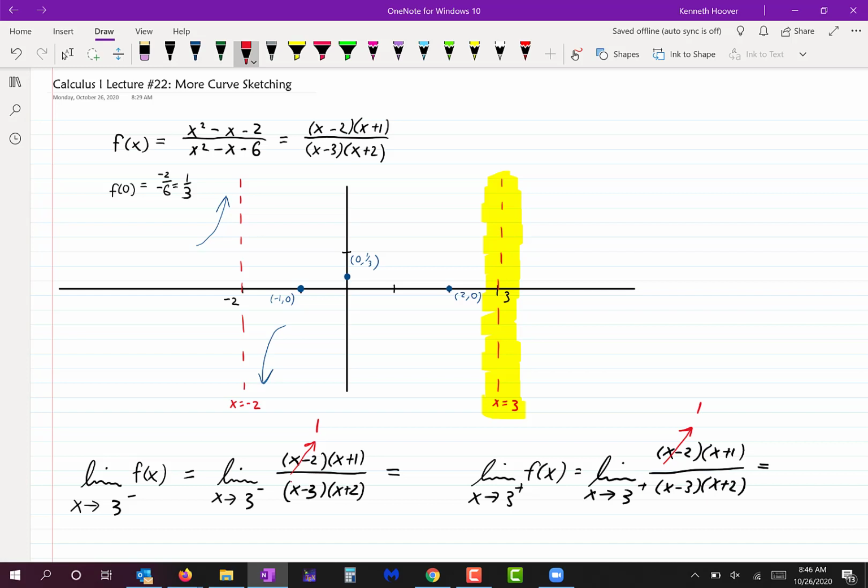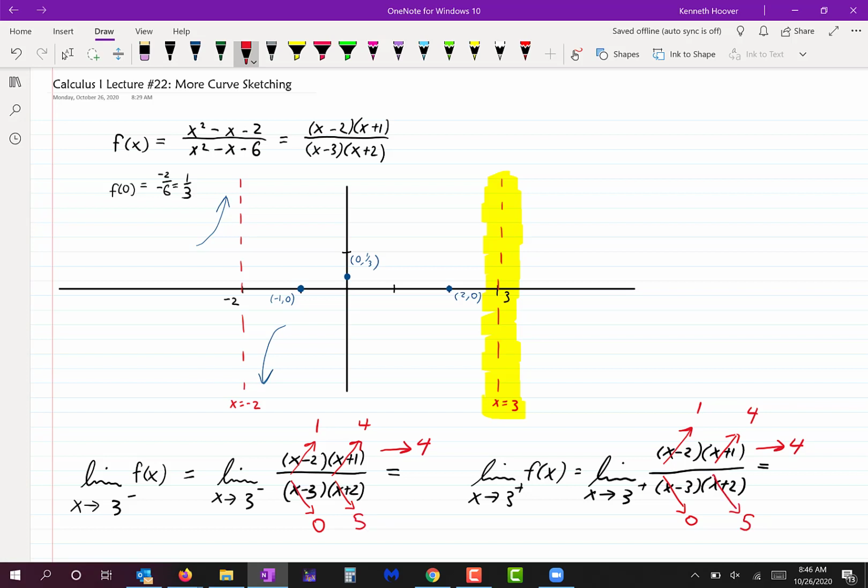Okay, as x approaches 3, x plus 1 is going to approach the number 4. So the top is approaching 4 as x approaches 3. Now on the bottom, as x approaches 3, x minus 3 approaches 0, and x plus 2 approaches 5.